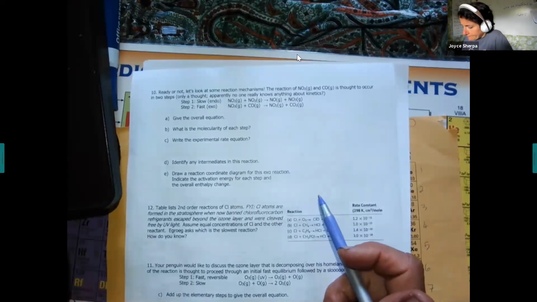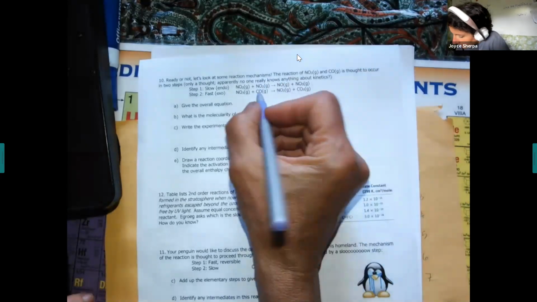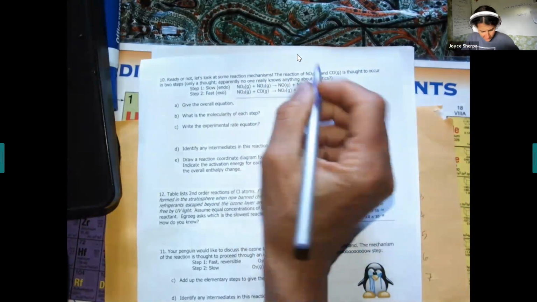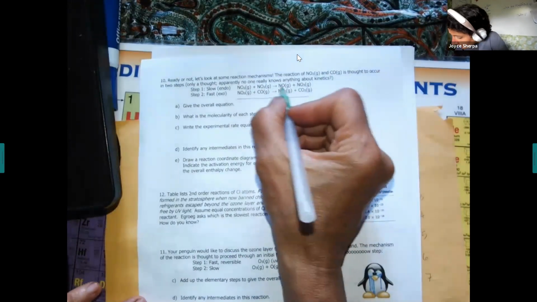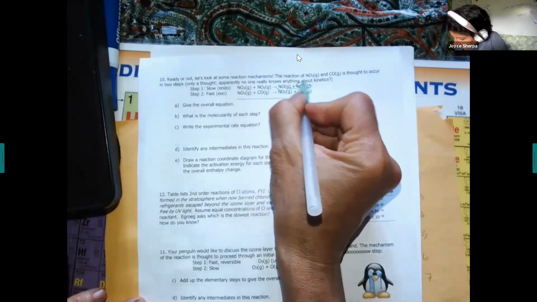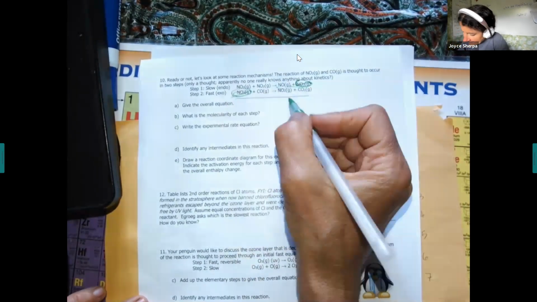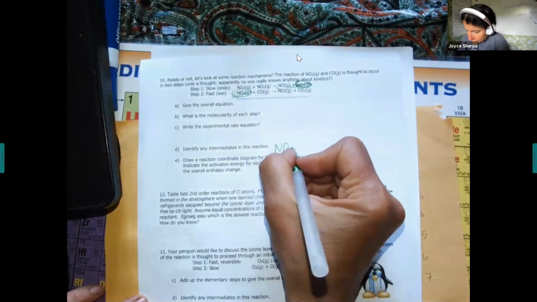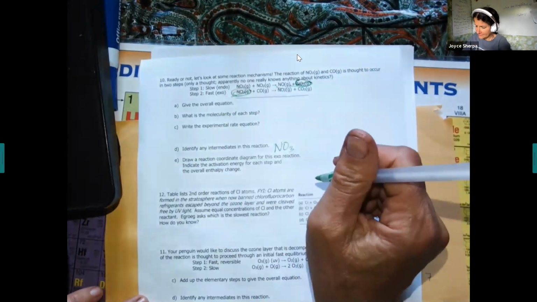All right, so rate mechanisms. Adding up overall, we just want to cross out the pieces that are on opposite sides. The NO3 is going to cross out, and that is an intermediate. Something that is produced and then used up is an intermediate.